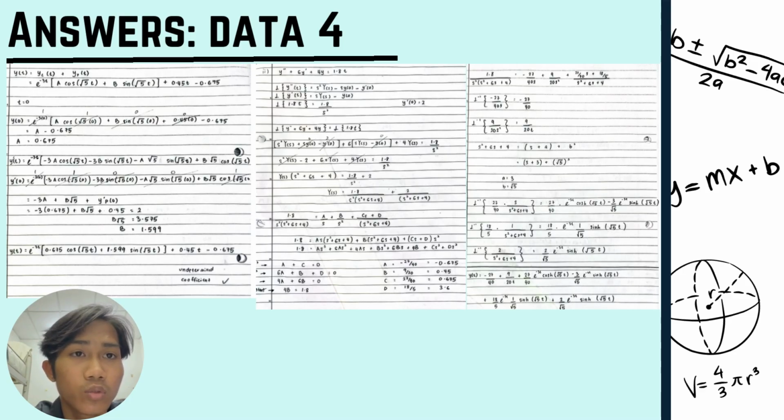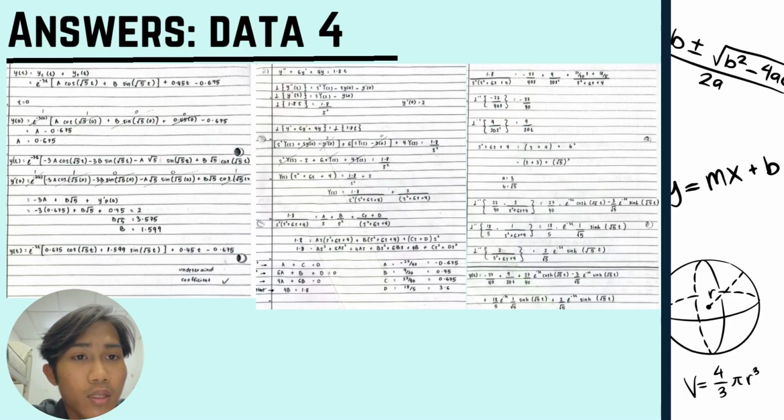For question 2, Laplace transform. The equation is y double prime plus 6y prime plus 4y is equal to 1.8t. The initial value y prime 0 is equal to 2, and we do the Laplace and substitute the value.